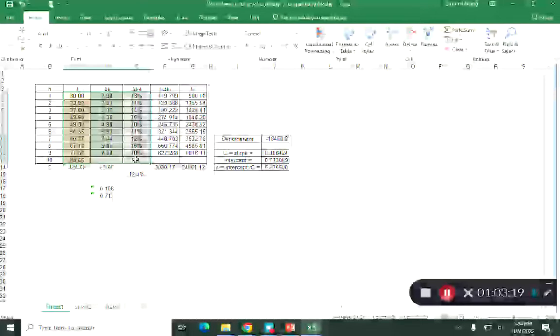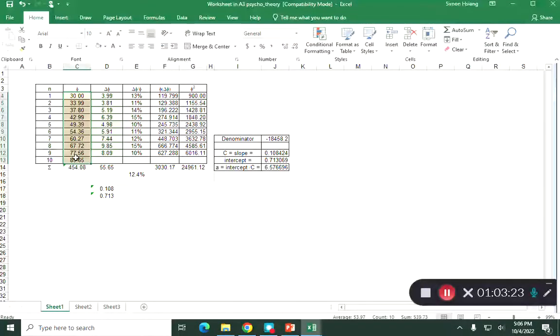Everybody agree with me? The first 3 columns is easy computation, right? This is a given. This is finite differences. Here is the constant ratio. And just sum. And once you have the first 2 columns, just use the first 9 pair. You can generate your slope and then your intercept, okay?